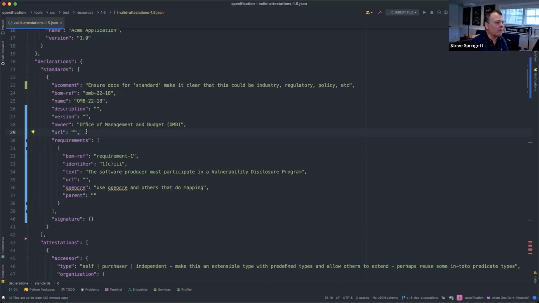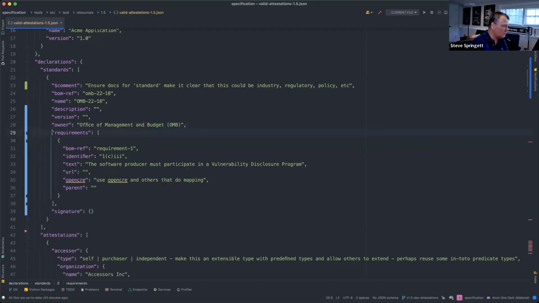Now that we actually talked about the use case of attestations referencing a standard and then using the hashes for that, maybe we want to be consistent, right? Okay, we will be consistent.